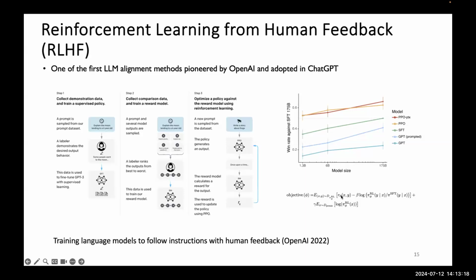And it has different parts. This r theta (x, y) is nothing but your reward model. The pi RL is the model that's being trained in the RLHF setting. The pi SFT is your model that comes from step 1. And then they have an additional term, a weighted term, that is simply doing a tuning of the instance of the RL model itself, right?